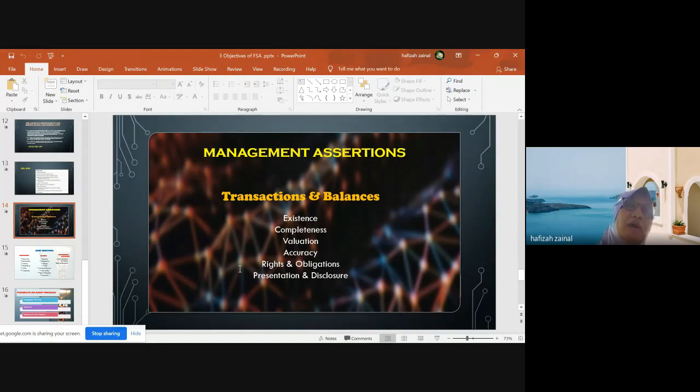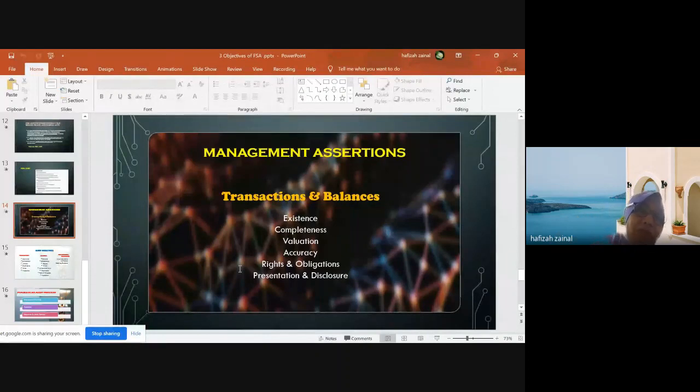You are obliged to fulfill the payment of the liabilities. So whatever assets and liabilities on the financial position are owned by the company. You are capturing the assets and liabilities that belong to you. You do not overstate, you do not understate. That is rights and obligations.